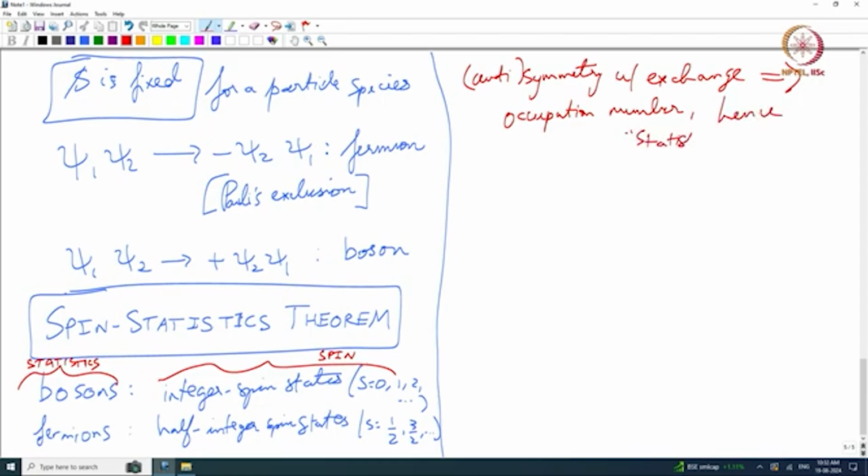An energy level for instance could be occupied by any number of bosons but at most one fermion. That is where the occupation number notion comes from, and that is what is called statistics. Good. So this is a very fundamental theorem of quantum field theory that we make use of. It's a very deep relation.